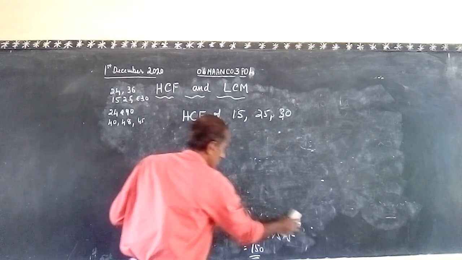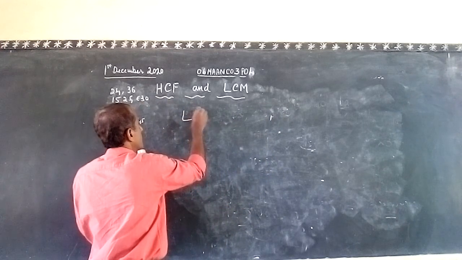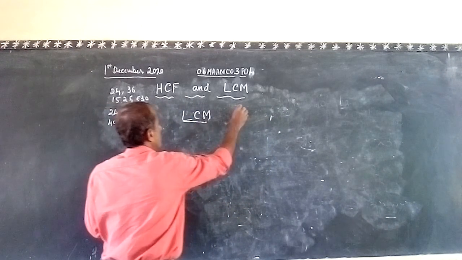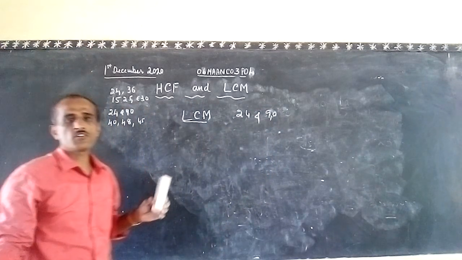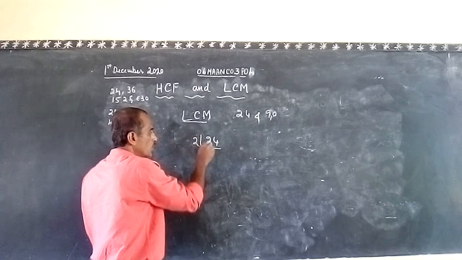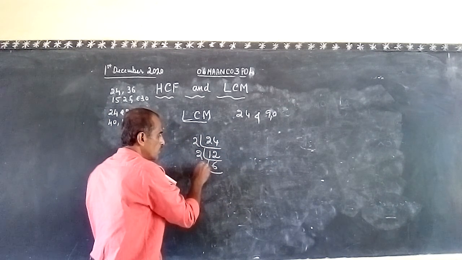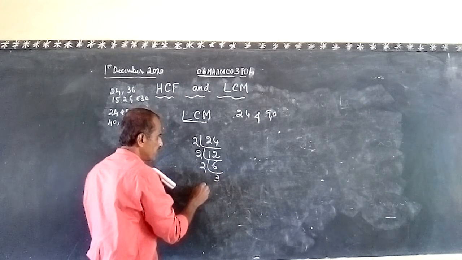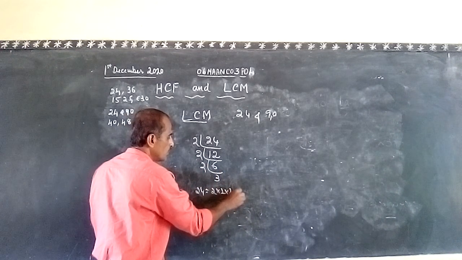Only LCM. What is the LCM of, say, 24 and 90? See, 24, go on divide by 2. 2 12s are 24, 2 6s are 12, 2 3s are 6, so that finished. 24 is equal to 2 into 2 into 2 into 3.